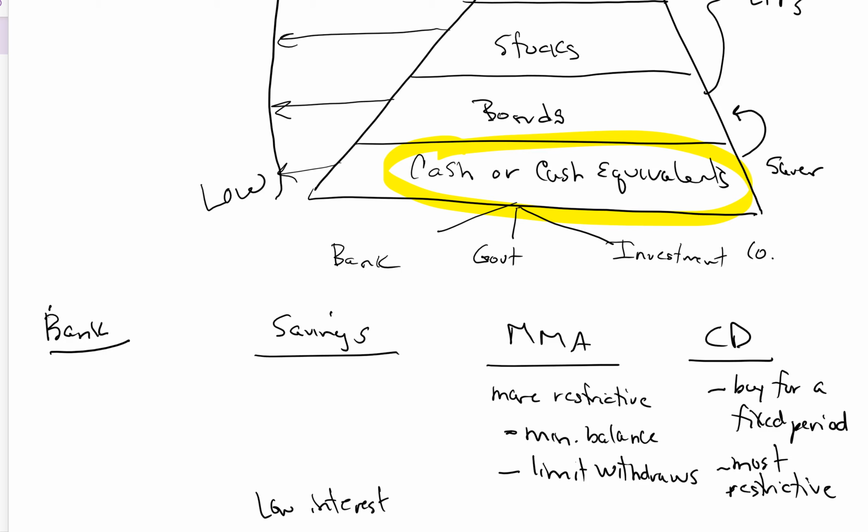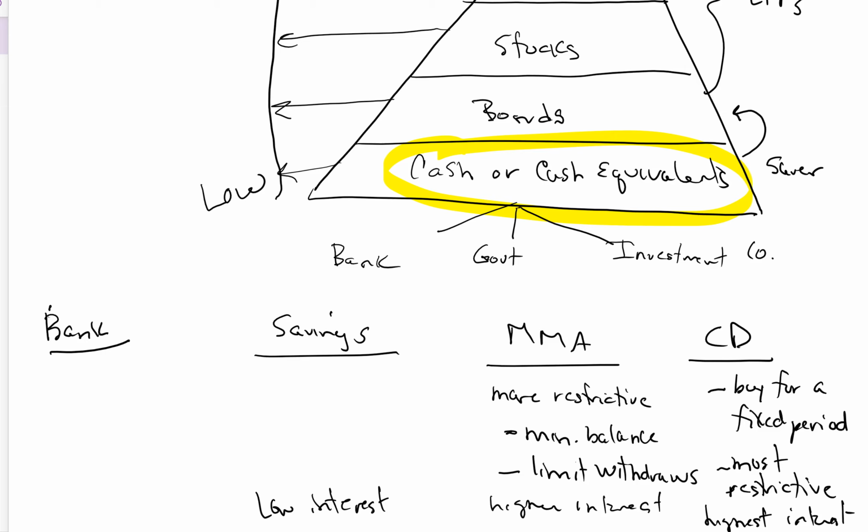So it would be higher interest, okay? Anytime you have more risk associated, so the risk that you can't get to your money, the bank has to pay you more for those types of restrictions. So it's higher interest than a typical savings. And a CD would then be the highest because again, you're giving your money away for a year. And since you don't have access to that money, you want a higher interest rate in return.